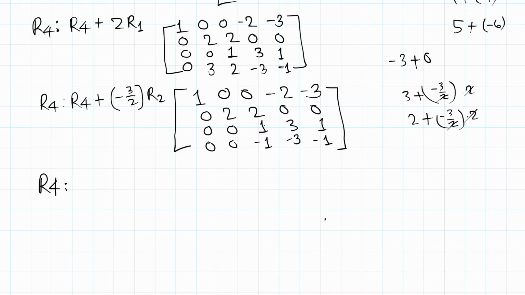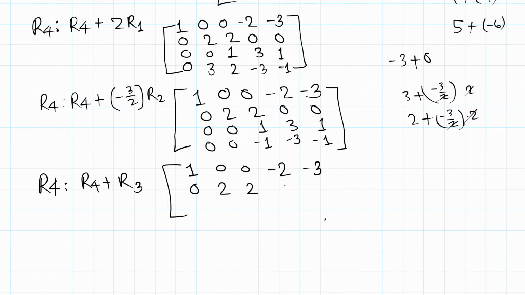Oh, here is 1, right, because 0, 0, 1. So R4 plus, simply add R3. Okay, first 3 rows are same. Not changing. R3, 0, 0, 1, 3, 1.